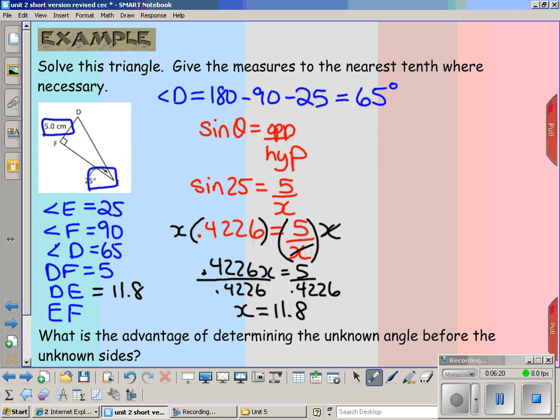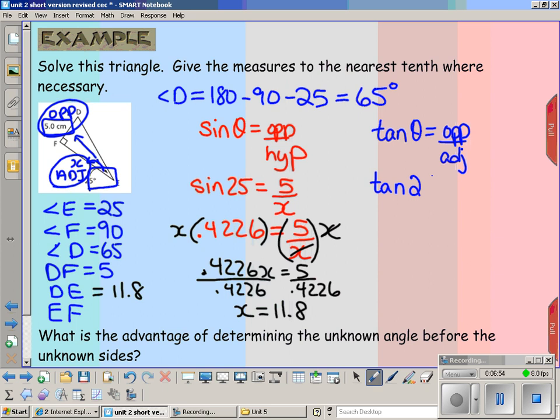So here what we're now looking for is side FE. From angle 25, we go across, we have our opposite side. Beside is our adjacent. Which ratio uses opposite and adjacent? CAH, TOA. TOA. Tan. Tan theta is opposite over adjacent. We know our angle is 25.